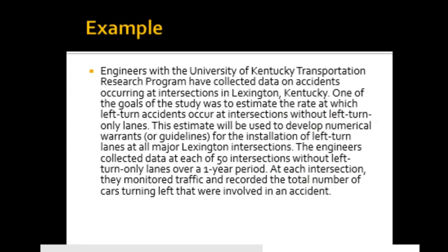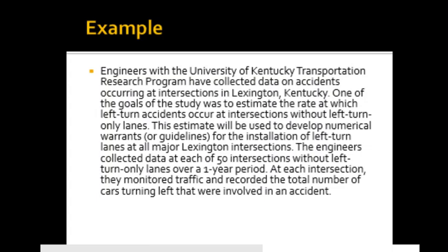Here is an example. Engineers at University of Kentucky Transportation Research Program have collected data on accidents occurring at intersections in Lexington, Kentucky. One of the goals of the study was to estimate the rate at which left turn accidents occur at intersections without left turn only lanes.